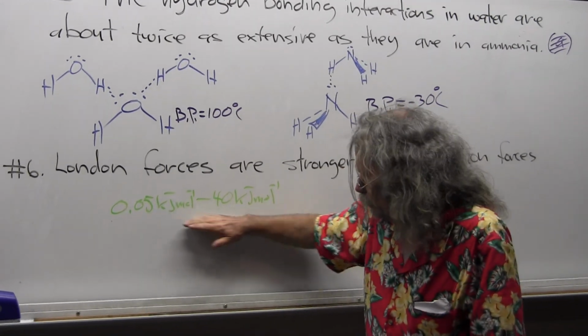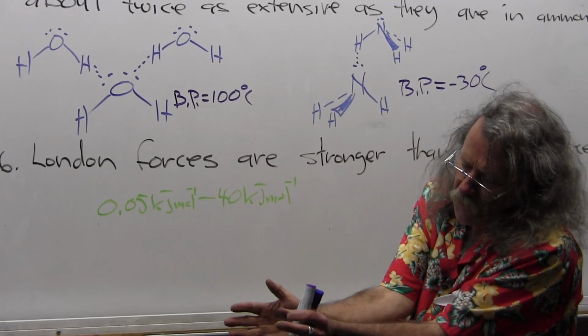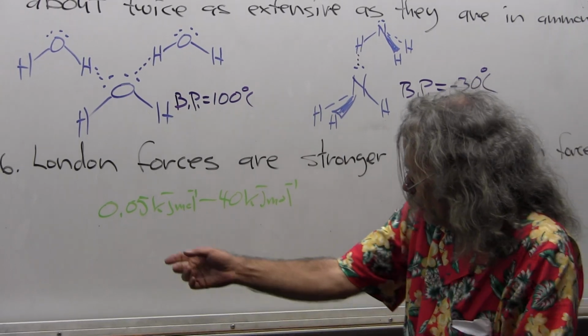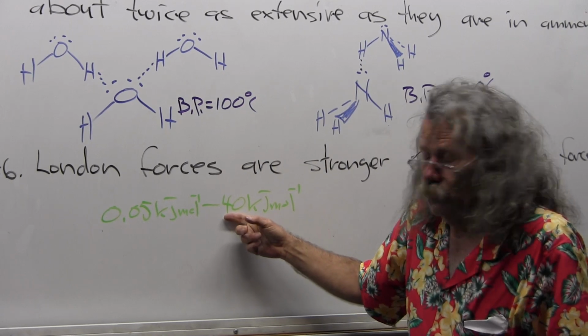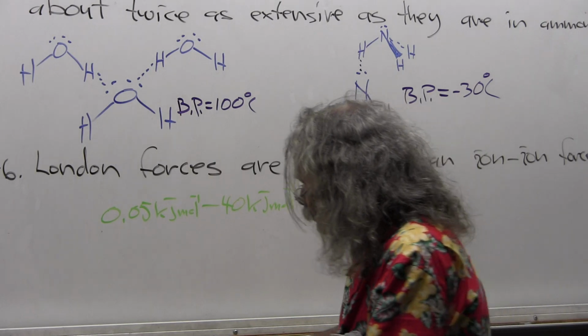For big molecules, there's a lot of surface area, and therefore, when they come into contact, there's going to be more induced dipole interactions. So with very large molecules, you can have a 40 kilojoule per mole type of interaction. That's London forces.